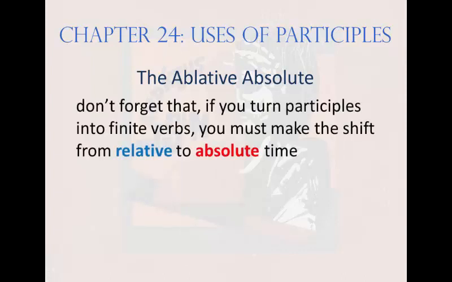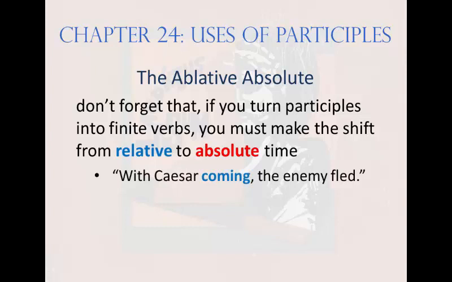Here again, it's important to understand how to shift correctly back and forth between relative and absolute time, because changing ablative absolutes into clauses entails converting participles which show relative time to finite verbs in clauses that reflect absolute time. So, for instance, "with Caesar coming, the enemy fled."